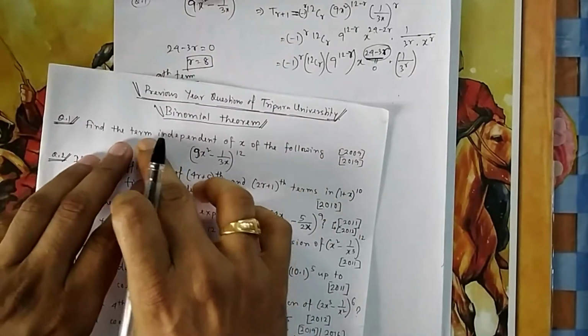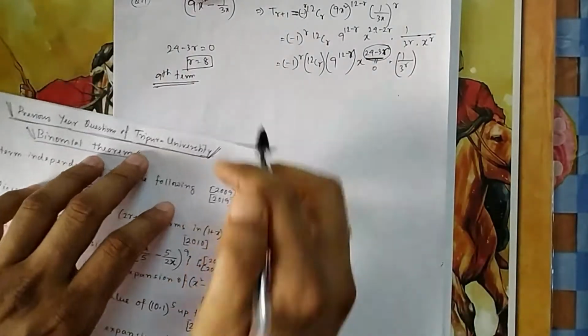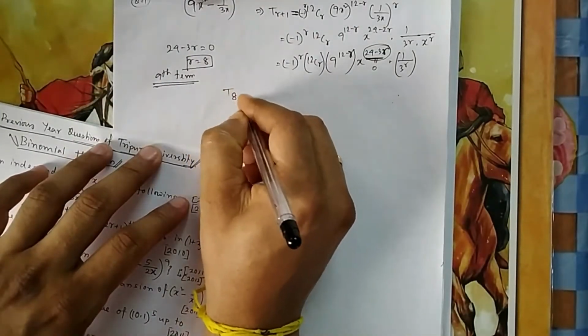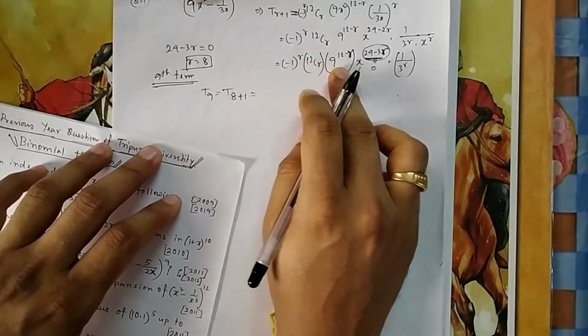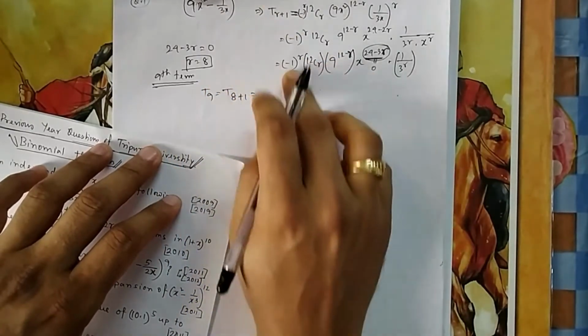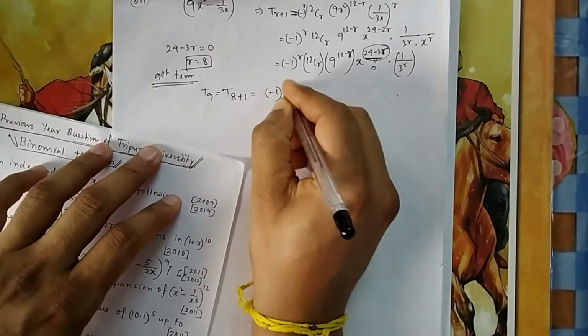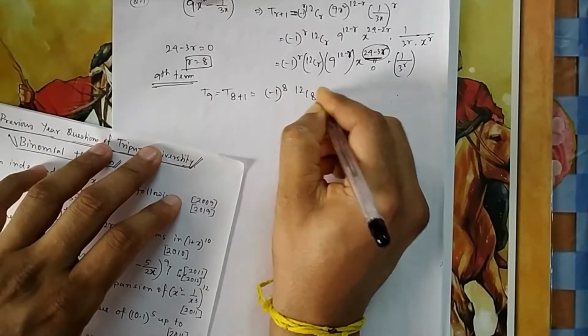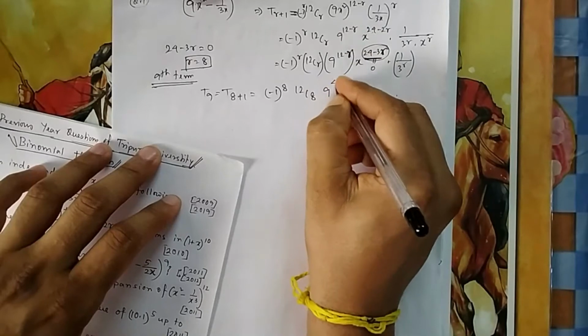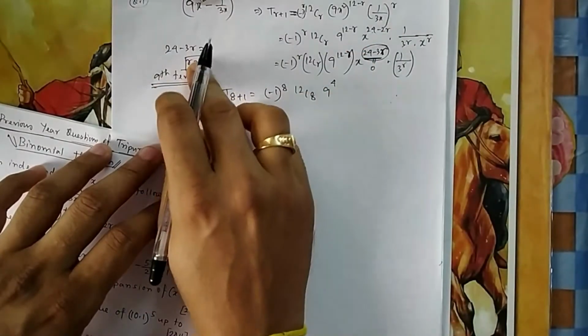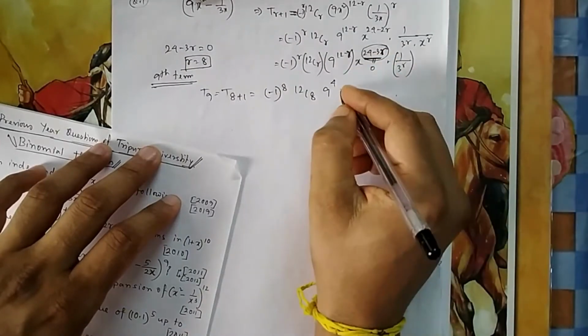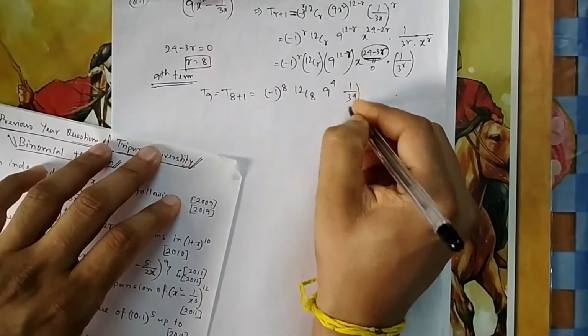But if they ask you to find the term, that means you want to find the entire term. So this is t(8 plus 1), that is I am calculating t9, the 9th term, and this will be the same one, because here you will put r equal to 8. So minus 1 to the power 8, 12C8, 9 to the power 12 minus 8, I am writing 4 directly, and x to the power 0, because from here 0 is coming when r is 8, times 1 by 3 to the power 4.